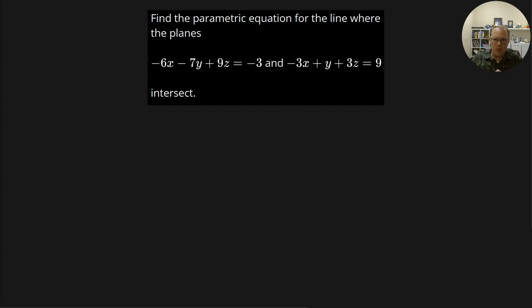For this example, we want to find the equation of the line where two planes intersect. First off, I want you to understand that if two planes intersect, it has to form a line, right? In 3 dimensions, there are only 3 possibilities for how two planes can behave.